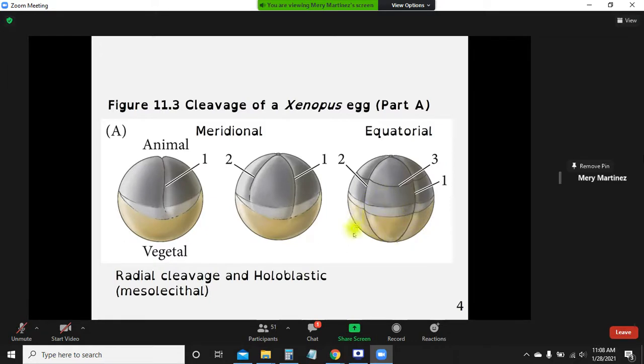And continue. This is slow cleavage due to the presence of this vitellus, okay? As cleavage progresses, the animal region becomes packed with numerous small micromeres, while the vegetal region is composed of a relatively small number of yolk-rich macromeres.